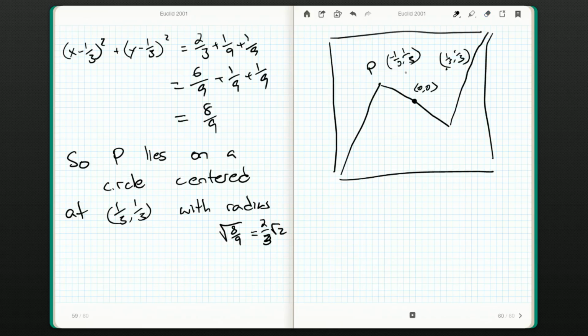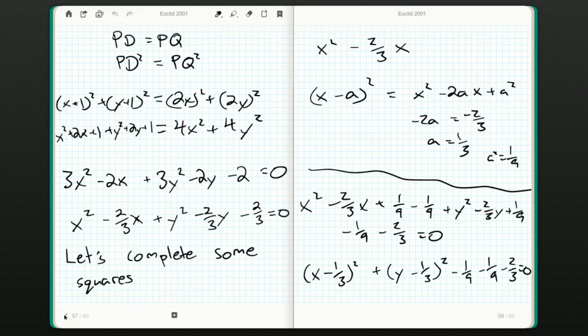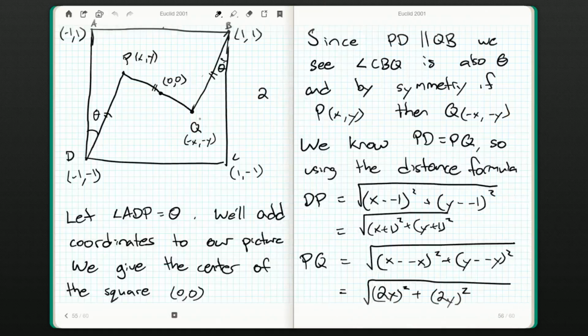So let's go back and double check and see whether or not our circles make sense and whether or not we've made a mistake somewhere. So I know dp, that formula worked out fine. And p, that formula also worked out fine. So that's great.